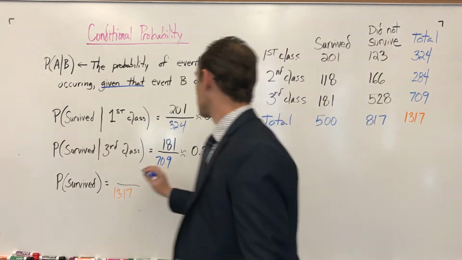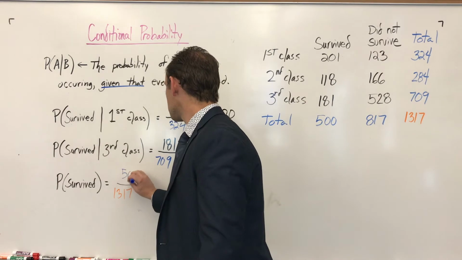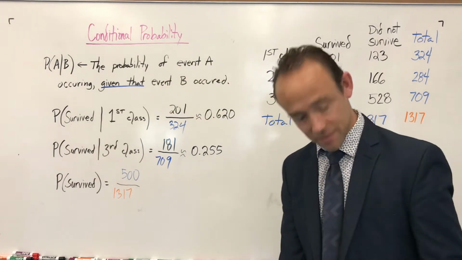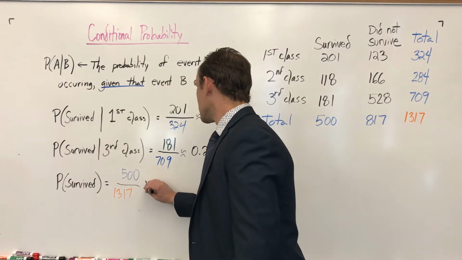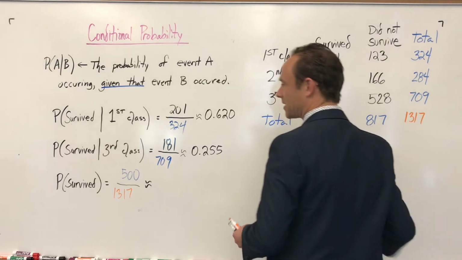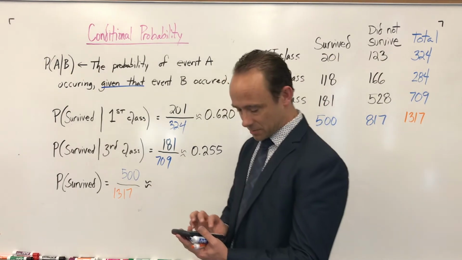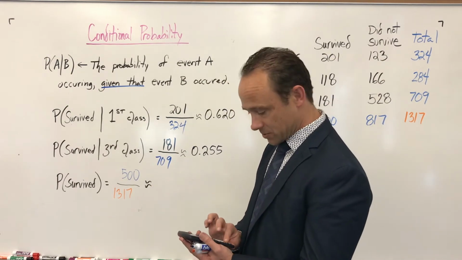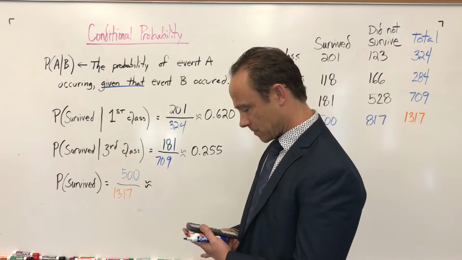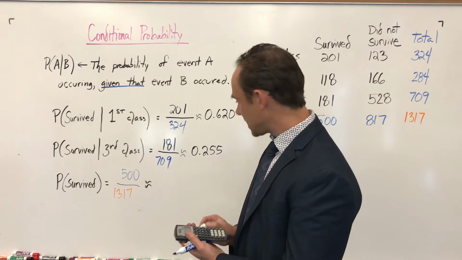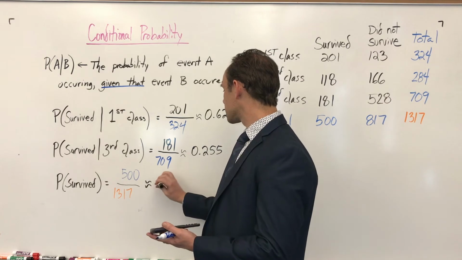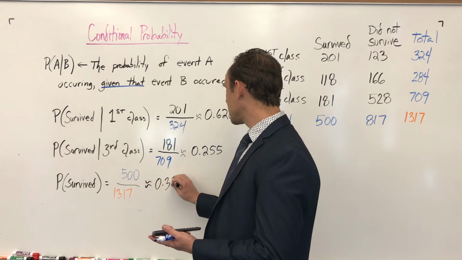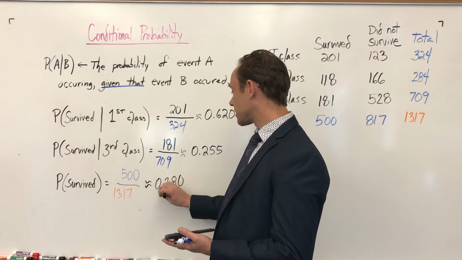Well, there are 500 people on the boat who fit that description of having survived. So, again, comparing all these fractions, it's probably best to make it a decimal or a percent. And we get 38%. Okay, so 0.38.